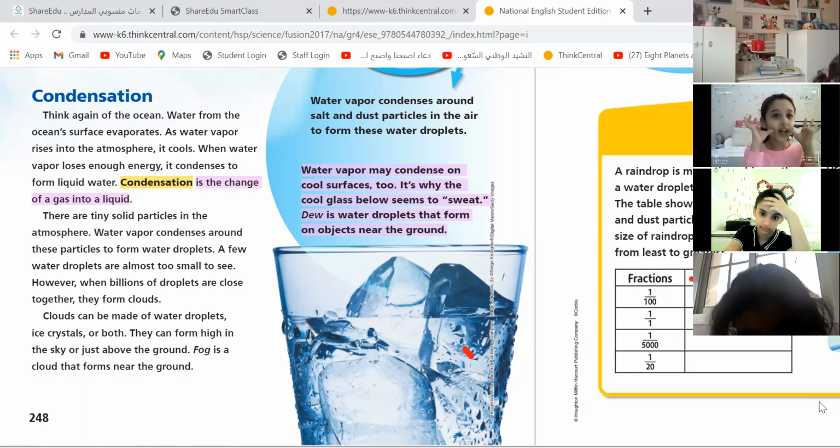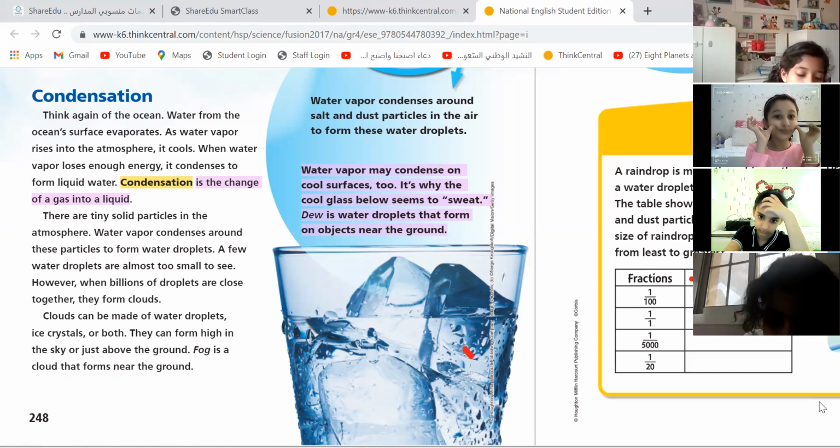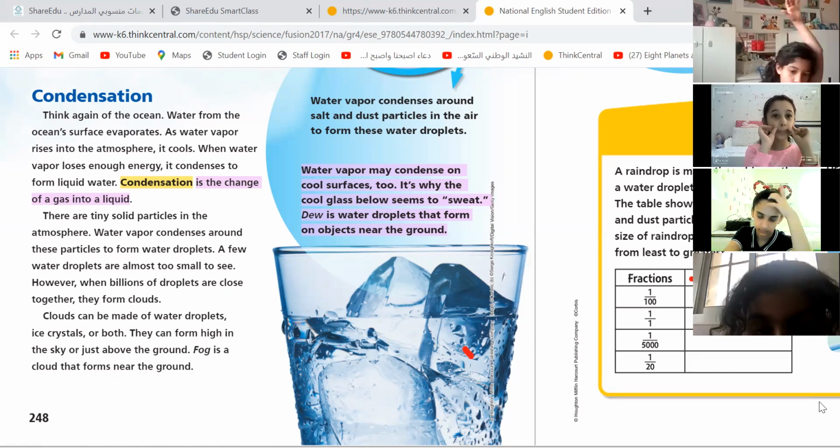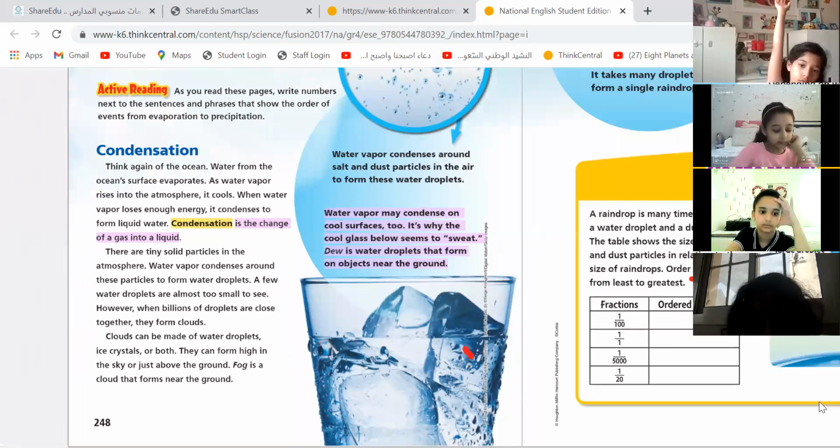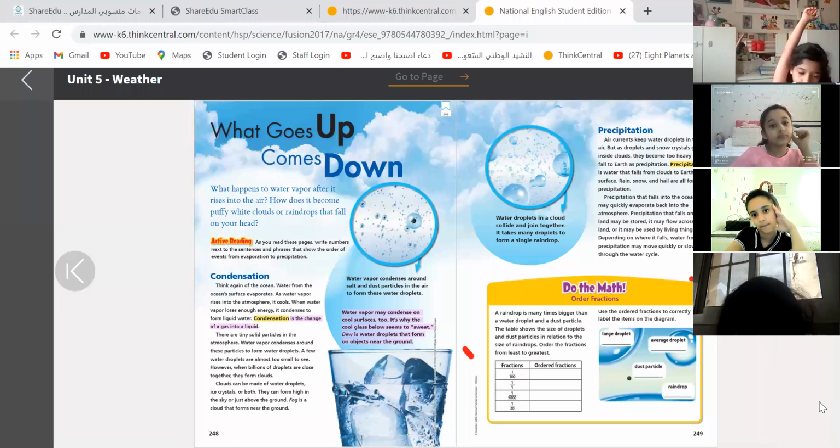Why will it be wet? Because your breath is very warm and the mirror is very cold. So when cold meets warm, condensation happens.